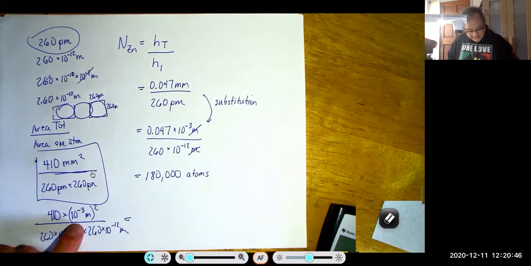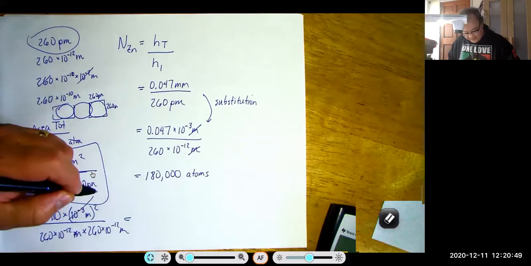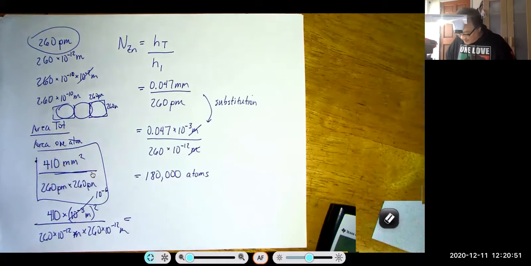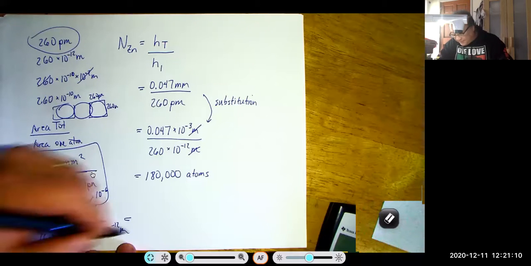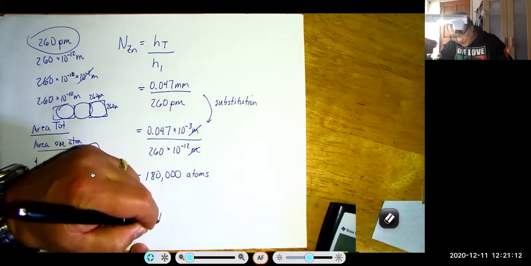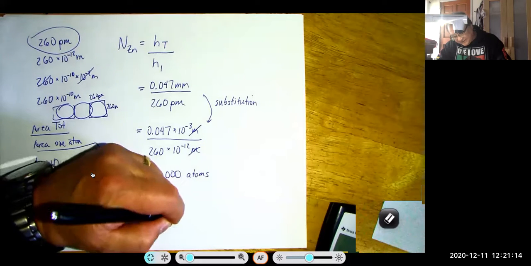So that's 10 to the minus 6. So 410, second EE negative 6 divided by 260, second EE negative 12, and then divided by 260, second EE negative 12. Wow. 6.1 times 10 to the 15 stacks.